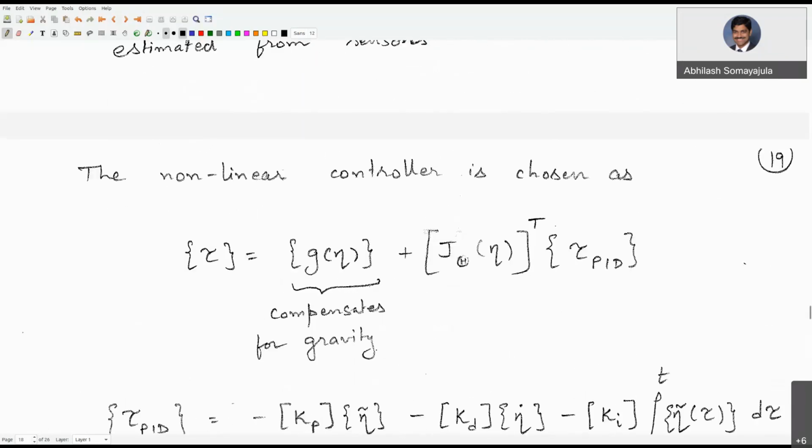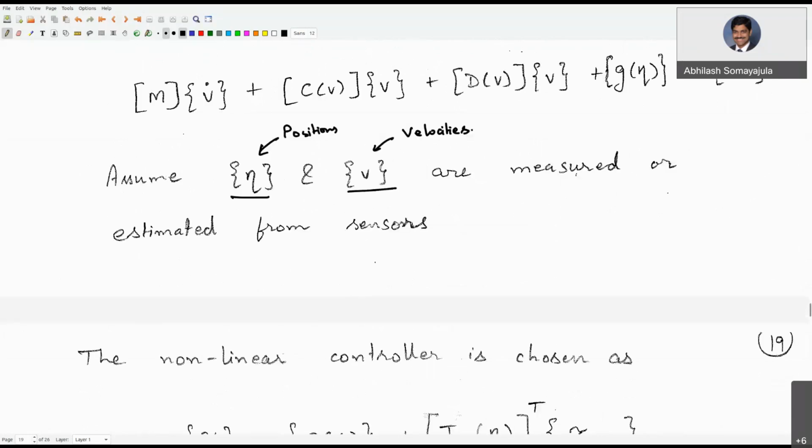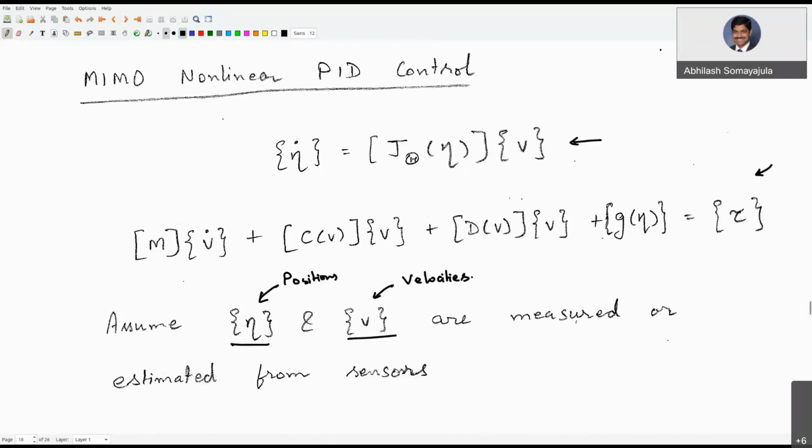We defined this nonlinear controller tau as our control output. So this is the thrust that we are providing. The thrust that our controller provides is given as g of eta, where we are compensating for these gravity terms, if at all there are any, which I told you was more relevant when we are looking at underwater vehicles and less relevant when we are looking at surface crafts.